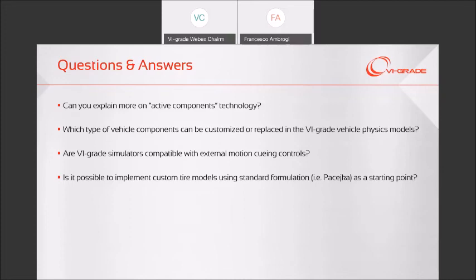So in the vehicle model that ViaGrade is providing in ViaCar Real-Time, this approach is taken basically for all the components, and every vehicle component can be either extended or customized by the user.